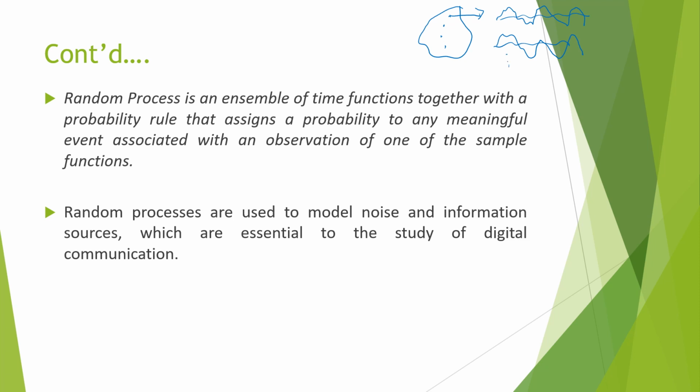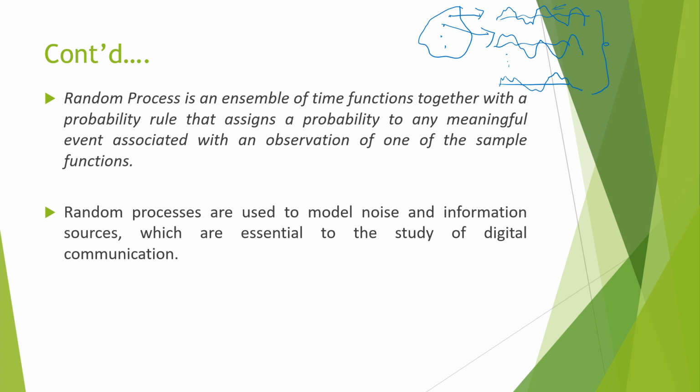So each outcome is mapped onto a signal like this. So it's a mapping between the sample space and the time functions. Alternately, a random process can be defined as the ensemble of time functions. Ensemble means a group of time functions, with some probability attached to the occurrence of each sample function.